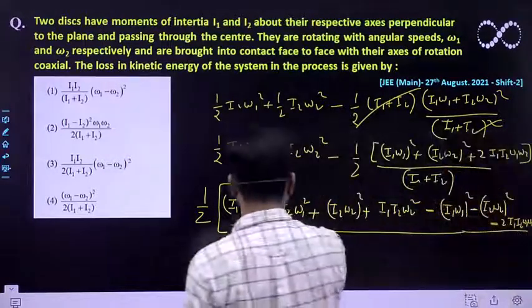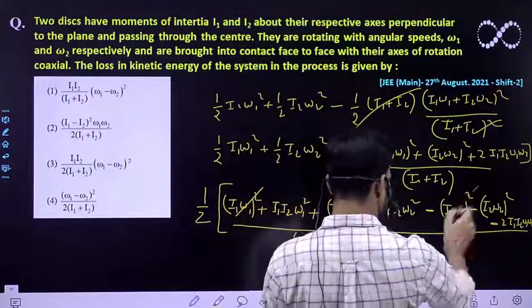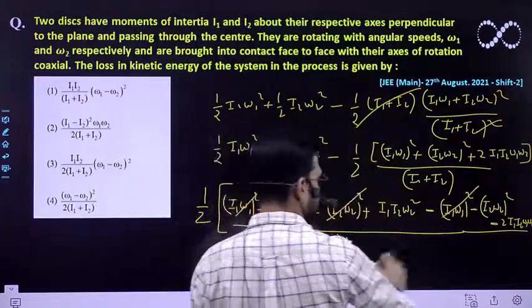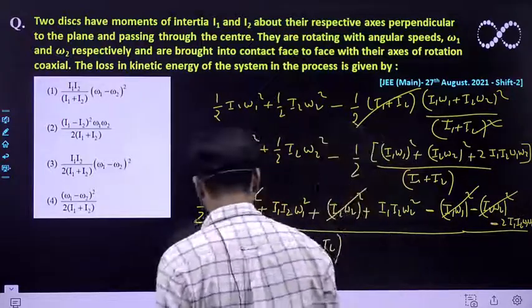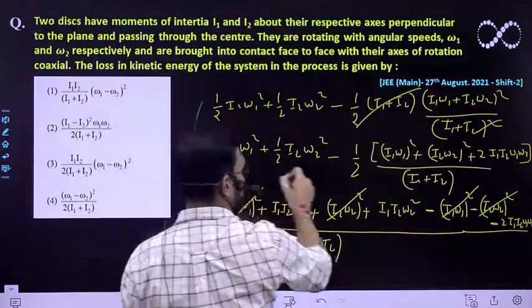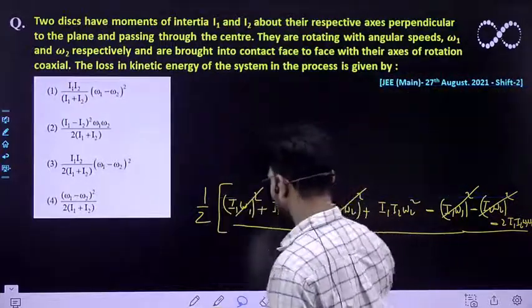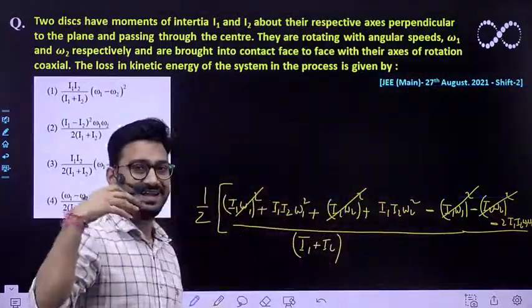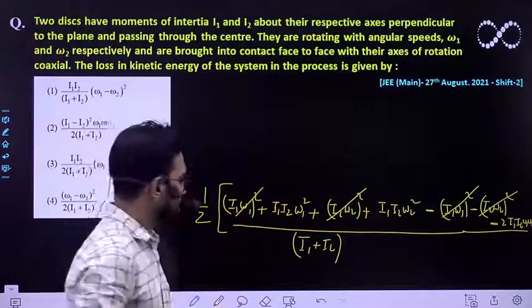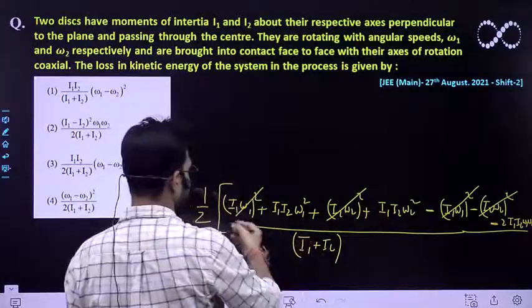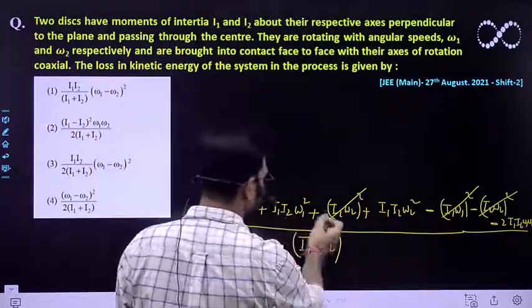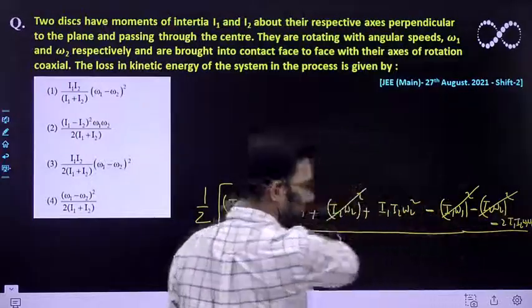Okay, so this expression we can easily cancel out. Again, this expression we can easily cancel out. Again, furthermore we'll be solving the expression. So let me just delete it so that we can again solve this expression. This expression is somewhat lengthier, but it is quite easier. Okay, so I1 I2 from all these expressions we can take it out.